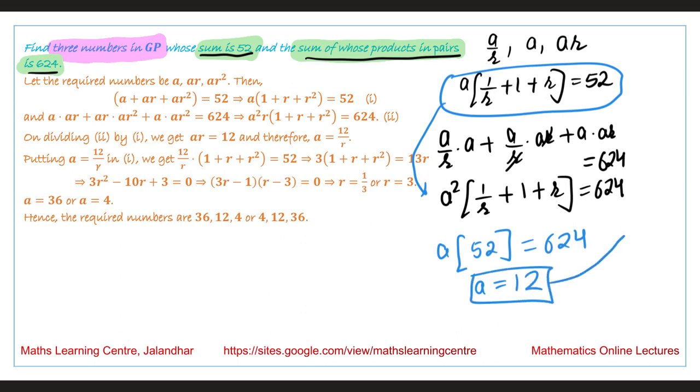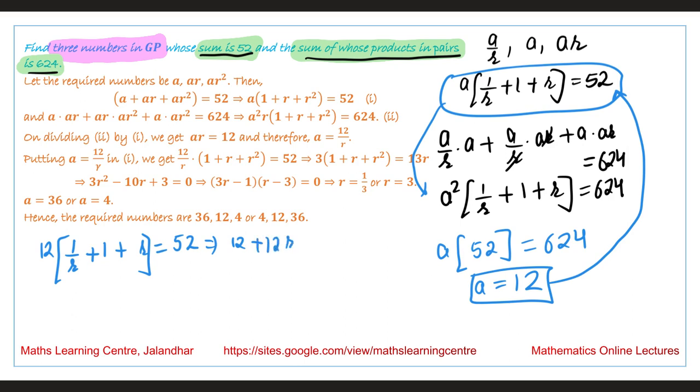Now if we substitute this value in this equation, we will obtain 1 by r plus 1 plus r, into 12, that is equal to 52. So this implies that 12 plus 12r plus 12r square, that is equal to 52r.